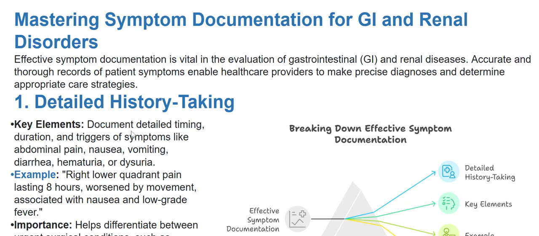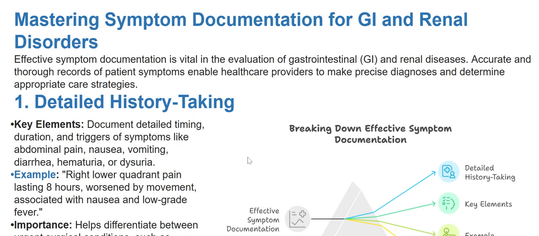Key elements here: document detailed timing, duration, and triggers of symptoms like abdominal pain, nausea, vomiting, diarrhea, hematuria, or dysuria. Example: right lower quadrant pain lasting 8 hours, worsened by movement, associated with nausea and low grade fever. The importance here is that it helps differentiate between urgent surgical conditions such as appendicitis and less severe causes like gastroenteritis.